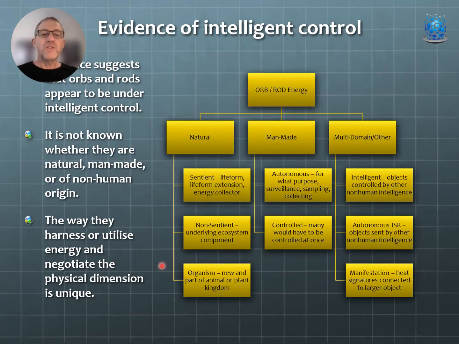Now, evidence of intelligent control. So we've got evidence that orbs and rods appear to be under intelligent control. It's not known whether, in this regard, they are natural, man-made, or of non-human origin, but we do know that the way they harness or utilize energy and negotiate the physical dimension is unique and suggests intelligent control. And we've got quite a nice table here of possible mechanisms by which intelligent control could occur.